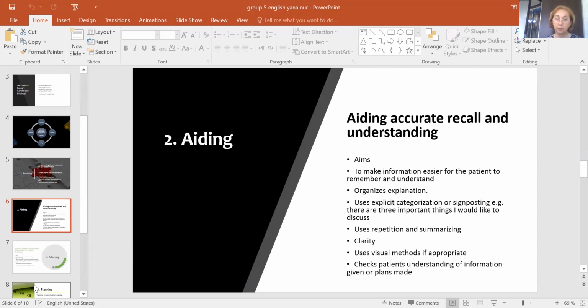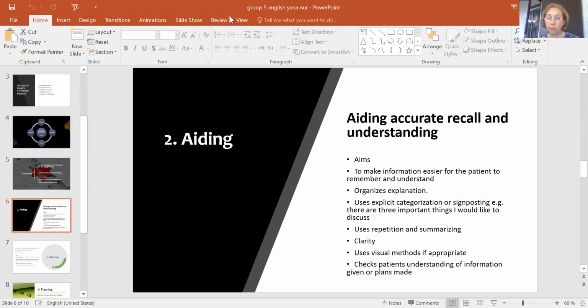Make sure the information is easier for the patient to remember and understand, because the language of patients differs from the language of doctors and the medical team, so the information needs to be easier to understand so they can easily know their diagnosis.